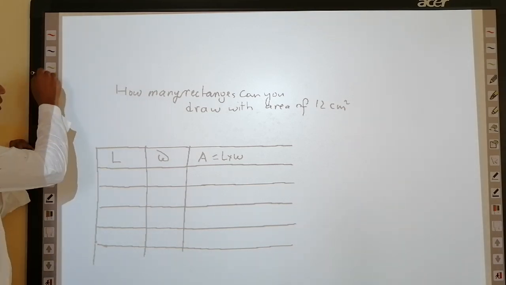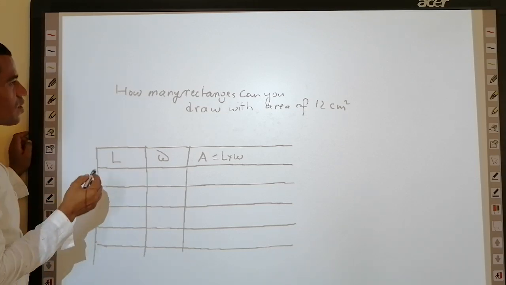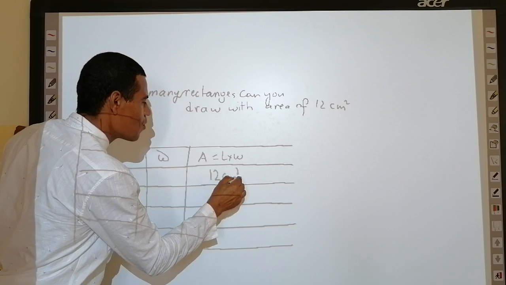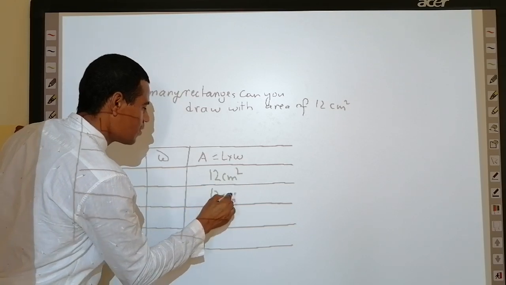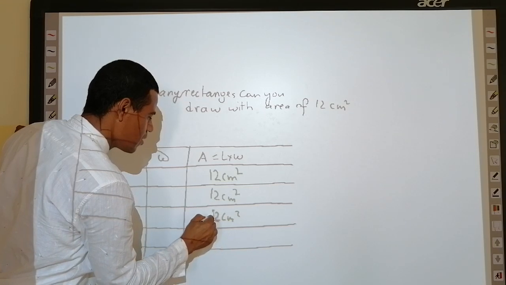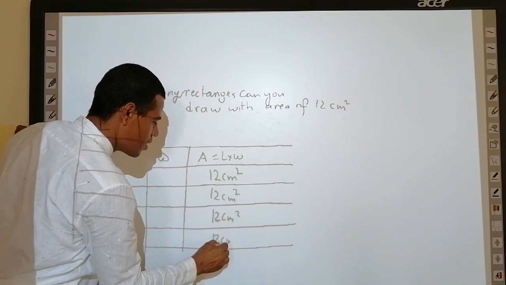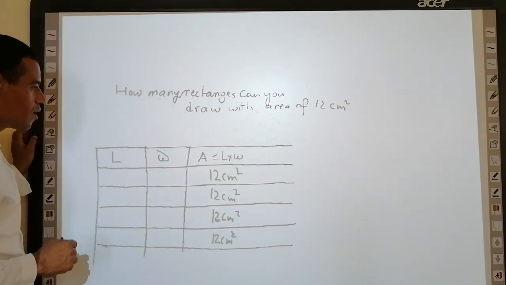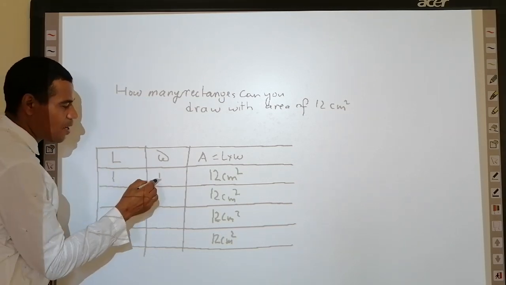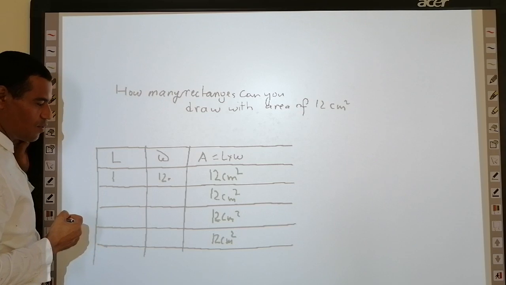Look, for example, we are told the area is always 12 centimeters squared. So the first one, 1 centimeter multiplied by 12 gives 12.